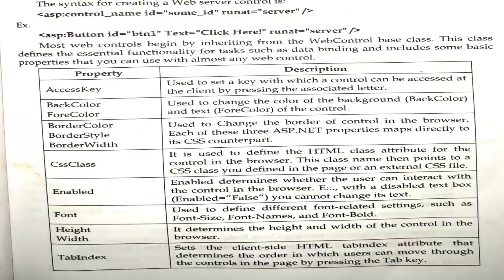Then we are having enabled. This is basically a property, for example if we are using it along with a text box, that is TextBox1.Enabled equal to true, it means we are able to enter some text, and if Enabled equal to false, it means we cannot enter the text. So it is actually similar to the read only property which we have learned in the last lecture. So enabled means it will not allow the user to interact with that particular control.